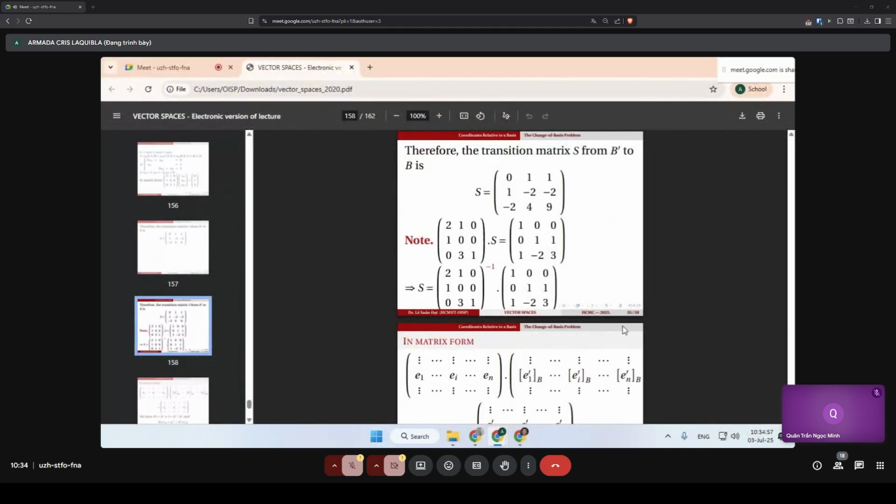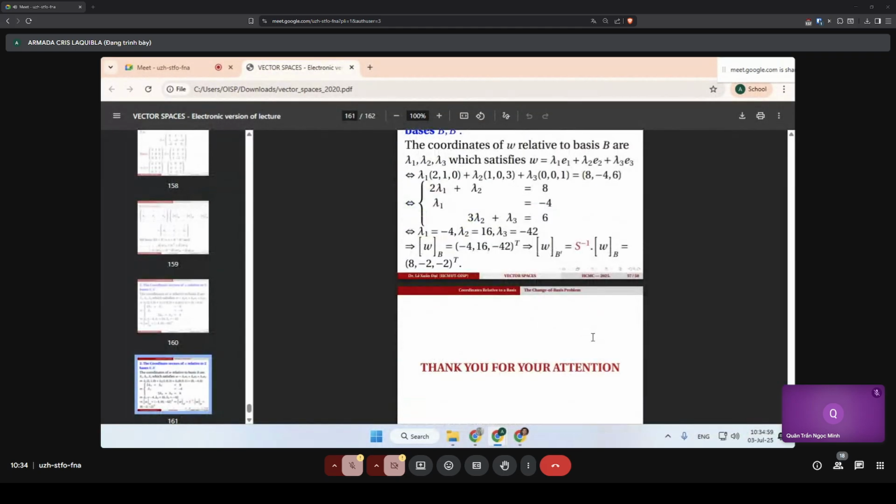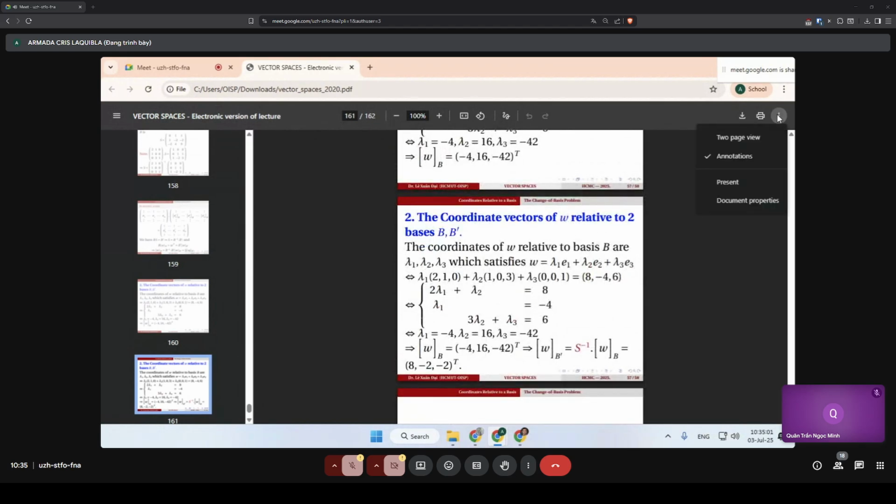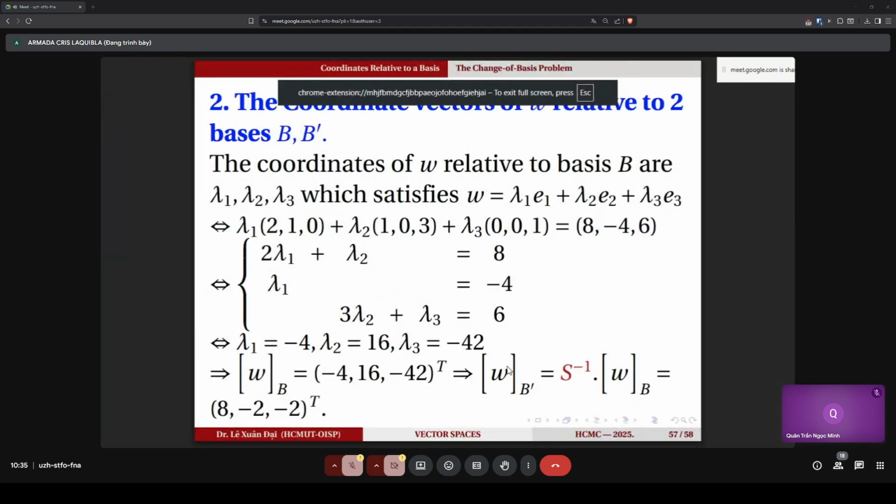So class, again, for this one, how to get your WB prime, you can use this one, and you can use also this. Again, W is equal to lambda 1 E1 prime. Just replace the E1 there by the E1 prime, then E2 prime, and then E3 prime, and solve the lambdas.